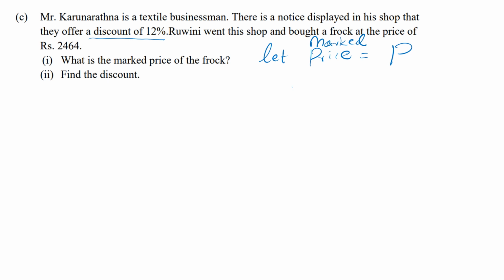So the price is 100% and she gets 12% off. Then the selling price should be 88%, right?